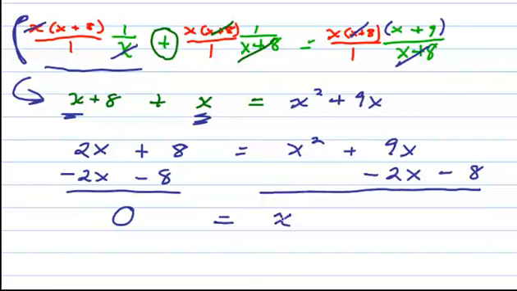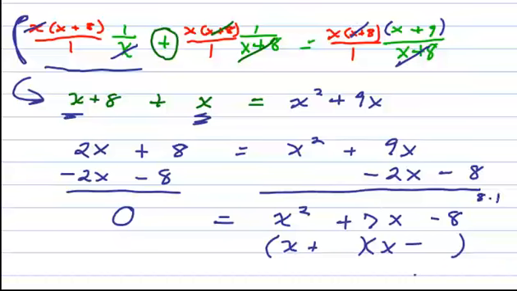That leaves us with x squared plus 7x minus 8. And now we're going to factor. Trinomial, leading coefficient is 1. Last term is negative. Factors of 8 whose difference is 7. Well, 8 times 1 is 8, and the difference is 7, so the larger factor gets the middle sign.